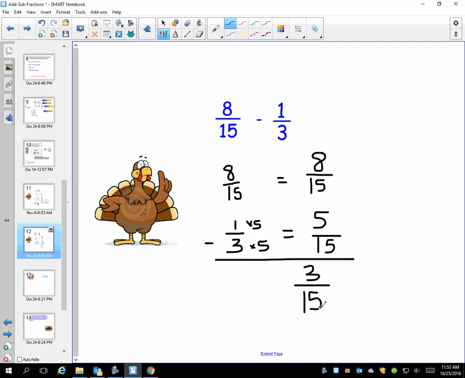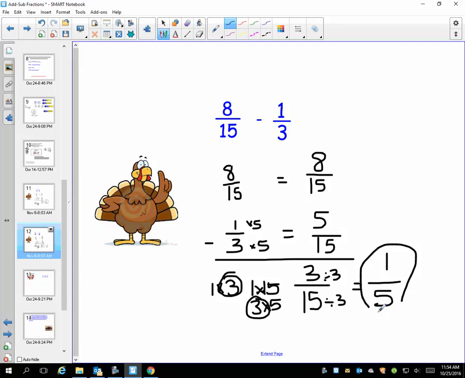So my greatest common factor, my GCF of 3 and 15, list them out here if you can't remember or if you can't figure it out. 1 times 15. My greatest common factor is going to be 3. 3/15 is equal to 1/5.